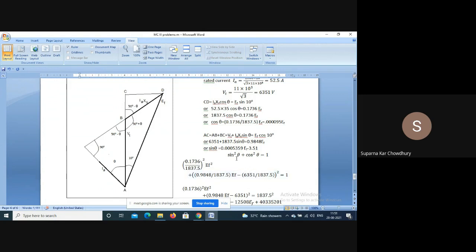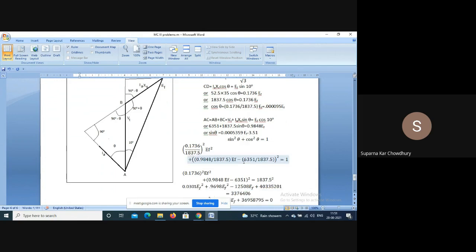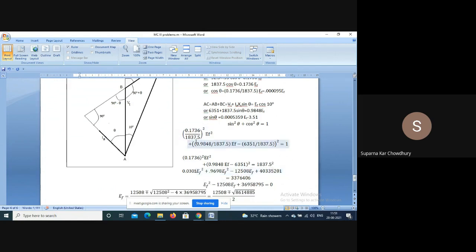Now we know sine square theta plus cos square theta is equal to 1. So this is the value of cos theta and this is the value of sine theta. We can put the values and equate to 1. This by this I have not calculated, because that will give you a calculation error since these quantities will be very small.